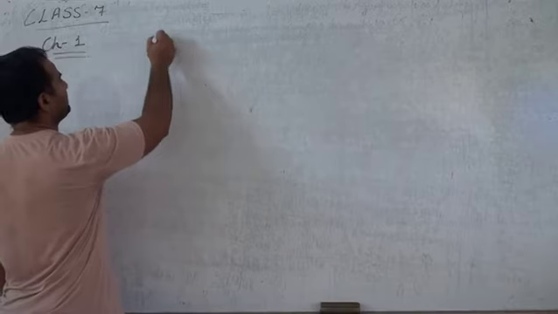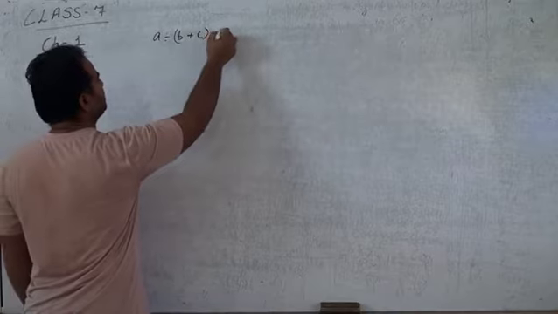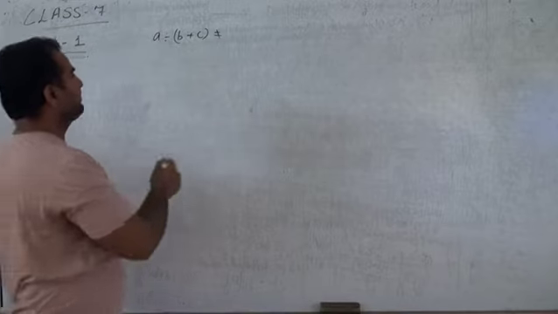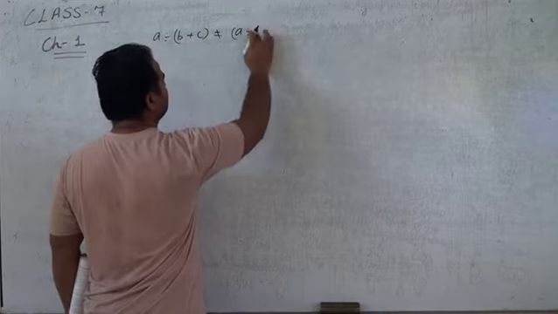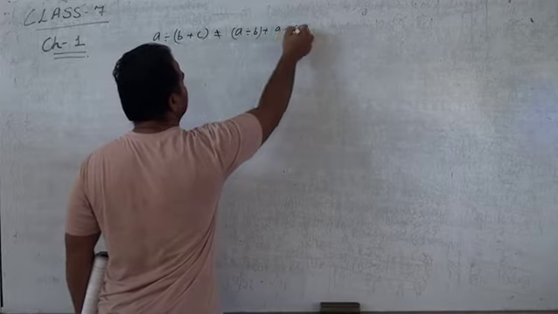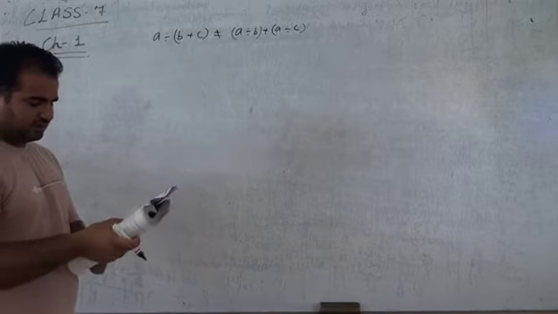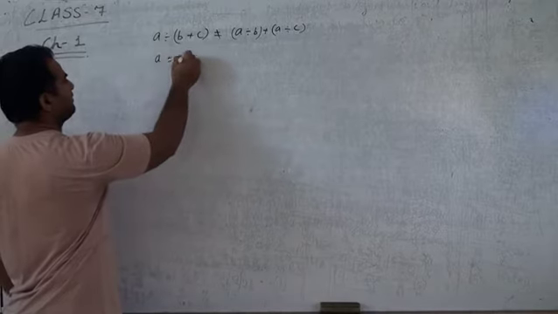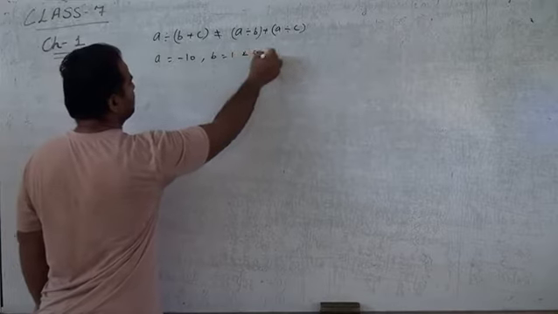A divided by B plus C is not equal to A divided by B plus A divided by C, we have to prove it. The values given are A equals minus 10, B equals 1 and C equals 1.